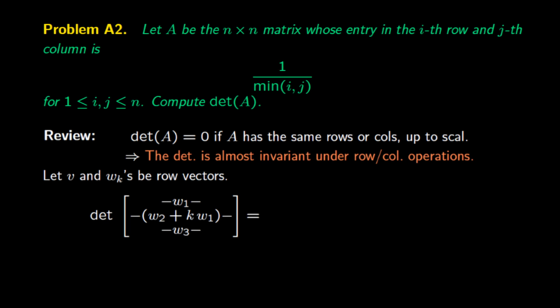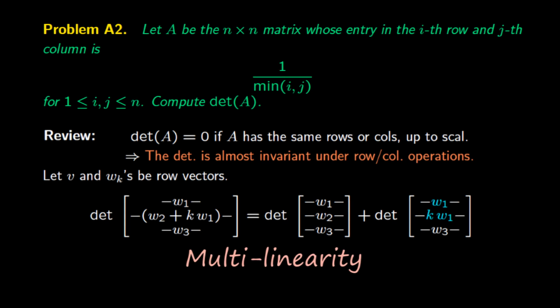Let us explain what happens to the determinant when we do this row operation. This manipulation is due to the multilinearity of the determinant map. The determinant map distributes over the addition in the second row on the left-hand side, while all other rows are kept exactly the same. In other words, linearity is applied one row at a time.